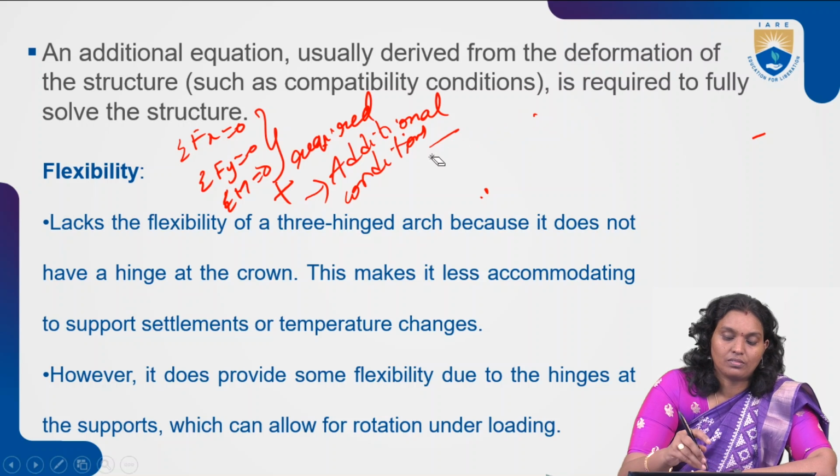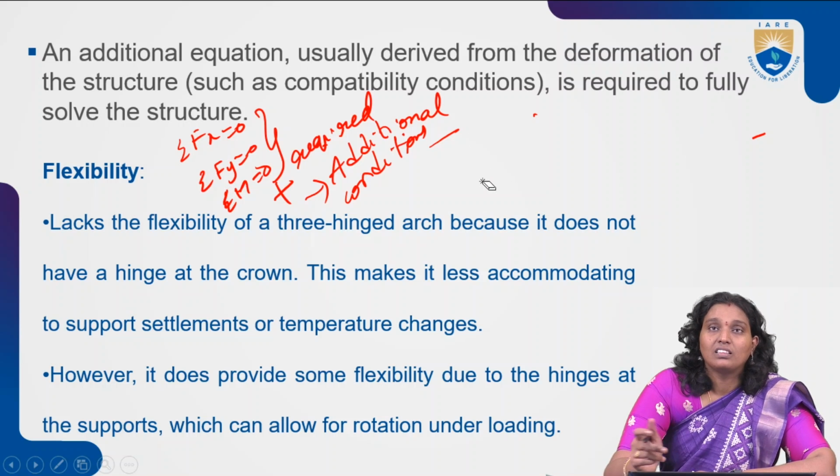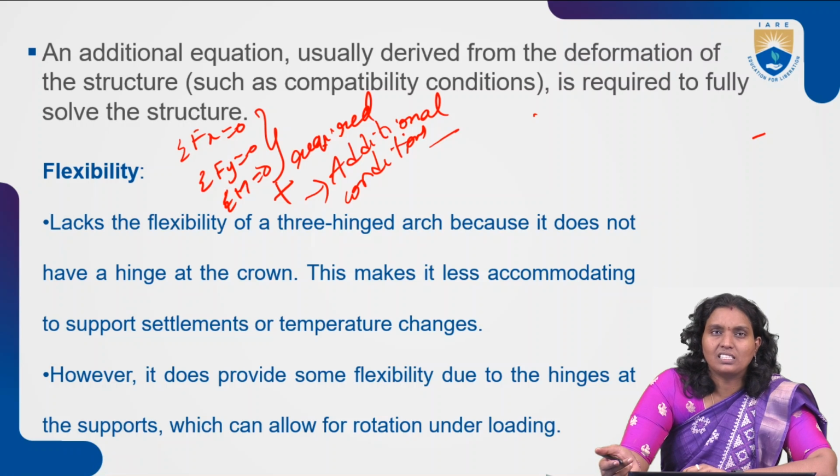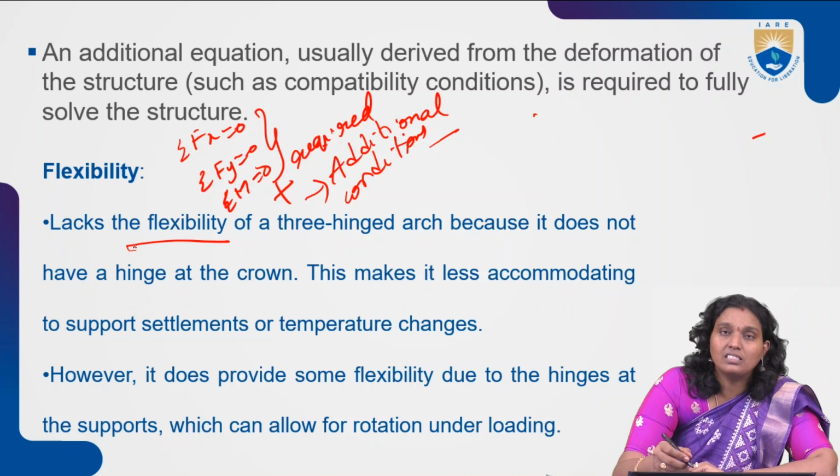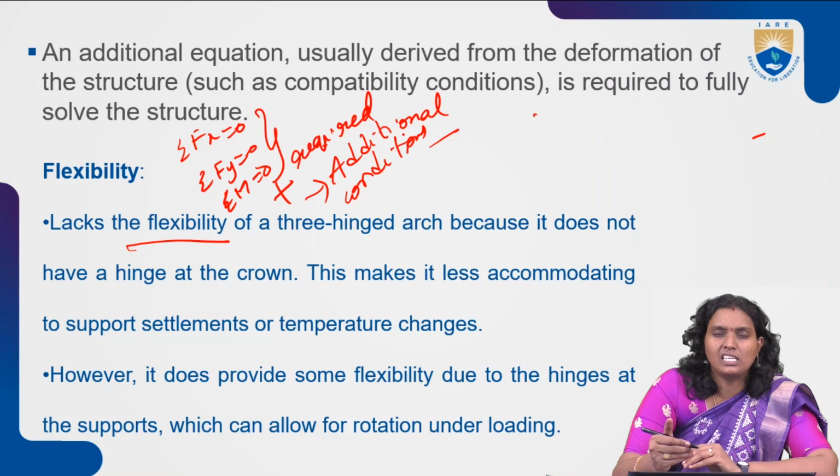And one more structural characteristic we are going to understand is flexibility. It lacks the flexibility of a three-hinged arch because it does not have a hinge at the crown. So it lacks the flexibility. The three-hinged arch is flexible because it has a hinge at the crown.